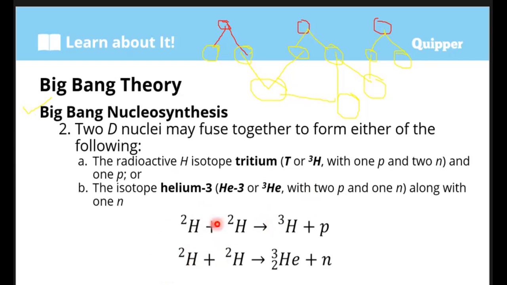So two deuterium, if combined, the byproduct could be another isotope of hydrogen, such as tritium, because there is an additional proton being added to it, or when the two deuterium are combined, it could have a product of helium combined with a neutron.